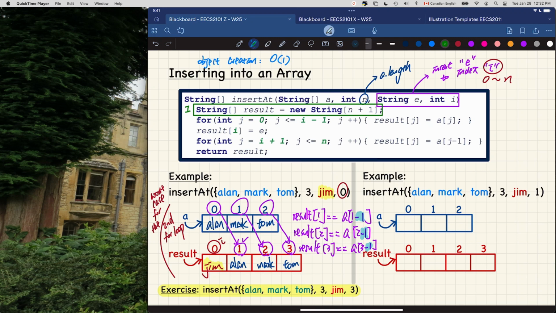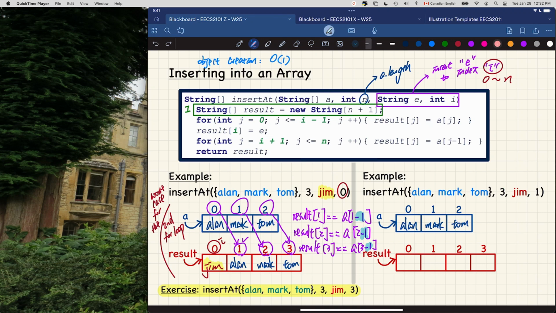And then the first for loop here, what does it say? It says that I'm going to do some copy here. I want to copy from the input array A into the result. For example, let's say I got Alan, Mark, and Tom. You can see 3 here is just the size of the array.